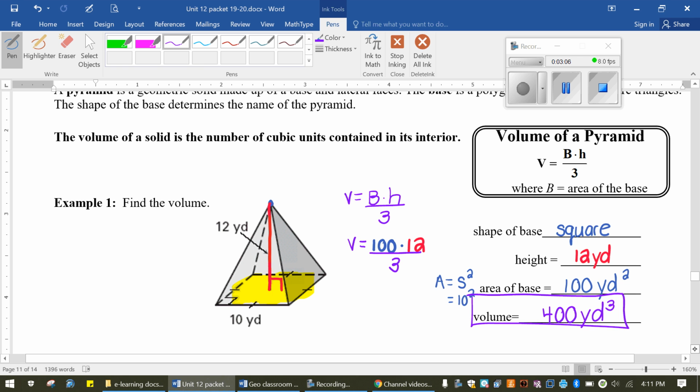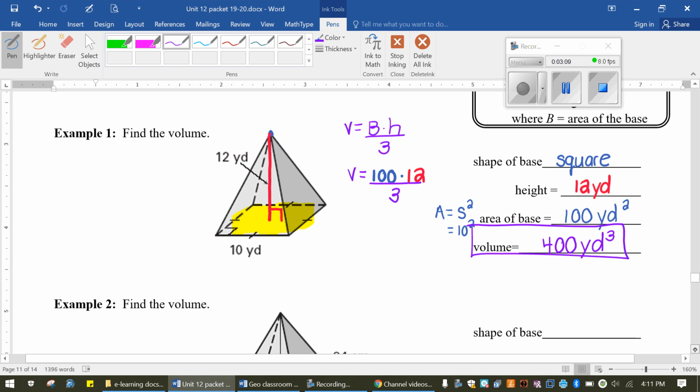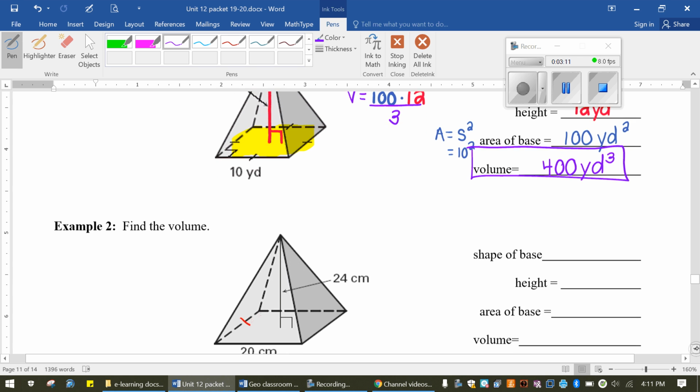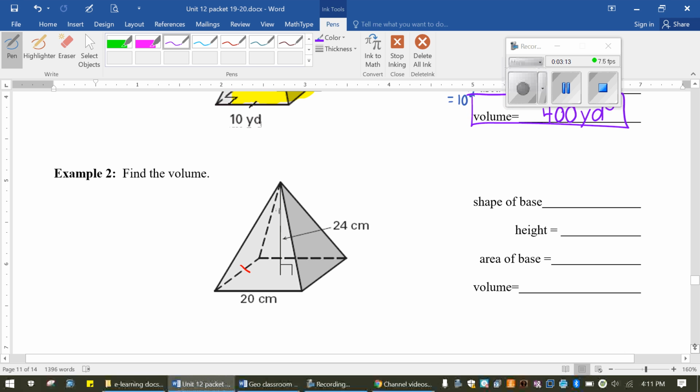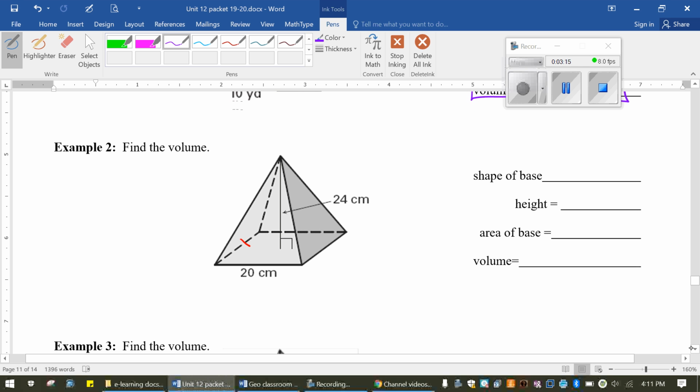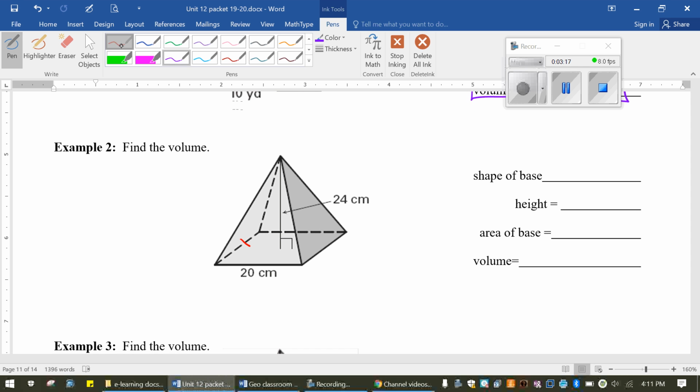All right, let's look at example number 2. Again, we're going to identify the base. These have congruency marks so that you can see that this is a square.